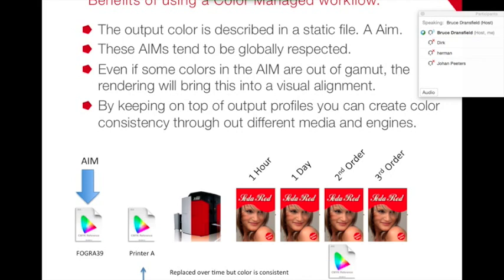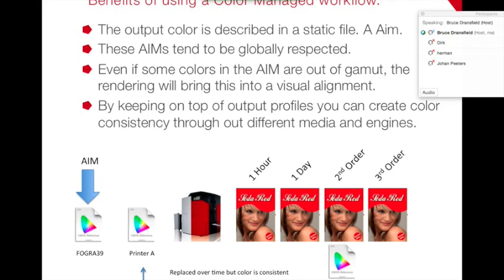Now, even if our gamut is sometimes smaller, it still might mean that we produce 99% of that aim. And we've seen through the effect of the rendering intent how we can bring those colours in.